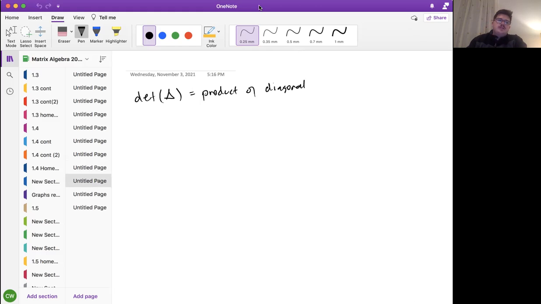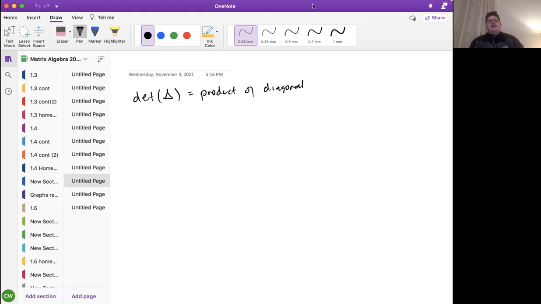Okay, so here's something that's more tractable. The determinant of a diagonal, sorry, not diagonal, the determinant of a triangular matrix. So let's think about a triangular matrix and what the determinant will be.